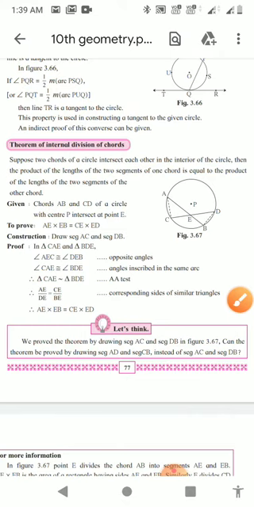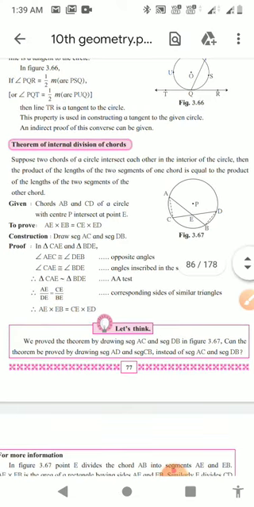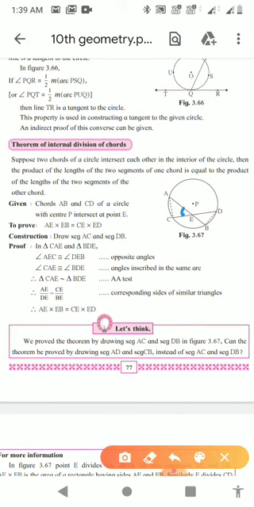First triangle is CAE and second triangle is BDE. Now in these triangles, angle AEC and angle DEB are opposite angles, hence they are congruent.